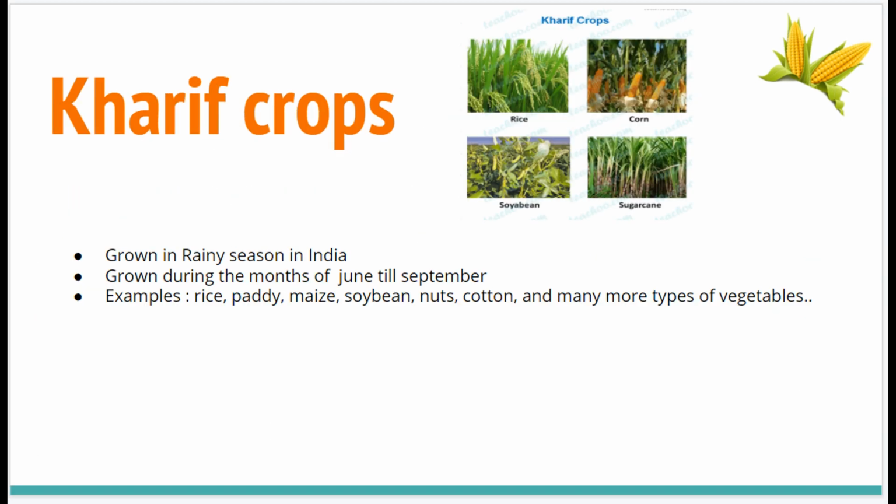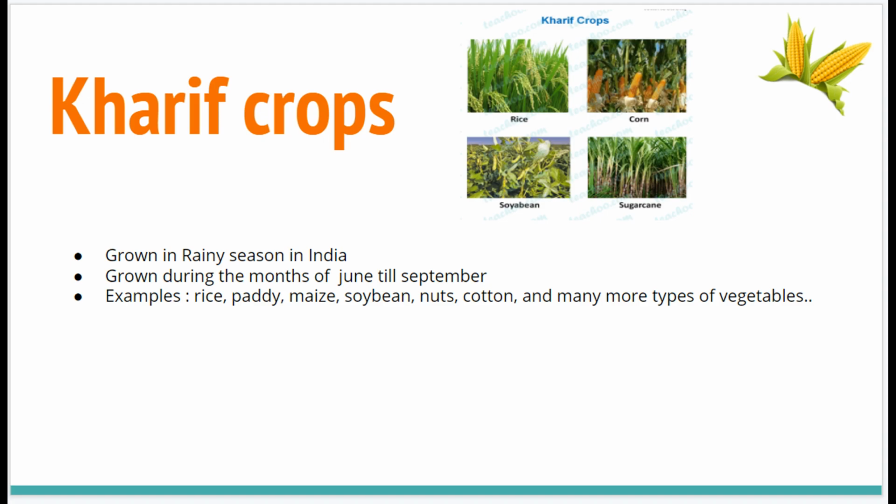So students, you can see on the screen that kharif crops are the crops which are grown in the rainy season in India, that is during the month of June to September. The examples of this type of crops are paddy, then maize, then soybean, different types of nuts like groundnuts, then cotton and many more types of vegetables and fruits.